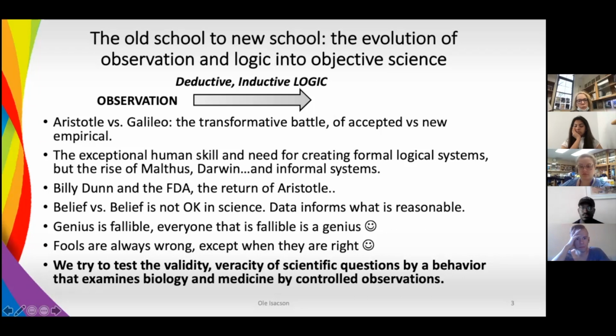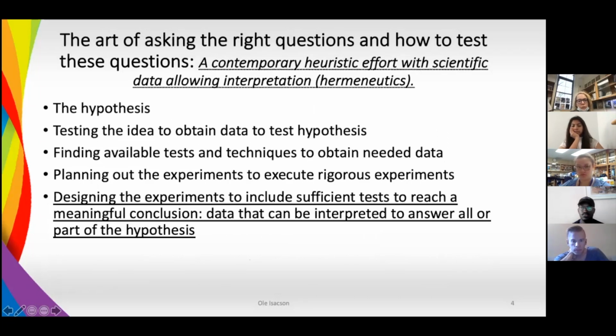But in any case, what we try to do in the lab, right, is to test the validity, veracity of a scientific question. And it's really a human behavior or approach or a value system, to examine biology by controlled observation rather than just leaving it to guesswork. So what we learn, and particularly the style we have in the NRI, is to frame questions rather than talking about this more complicated world of theory and hypothesis and ultimately experimental design.